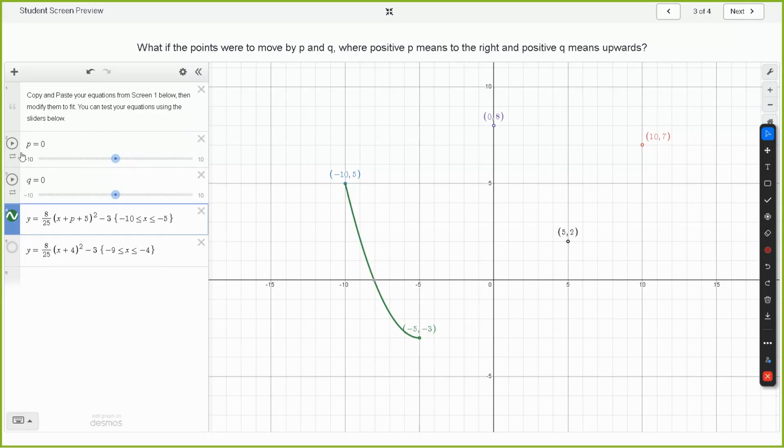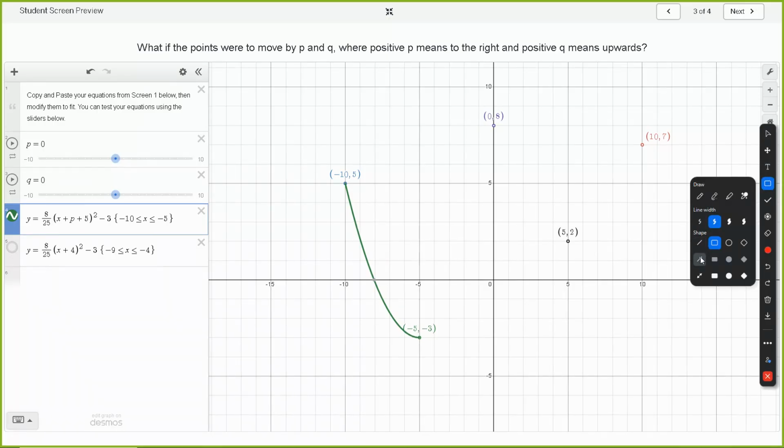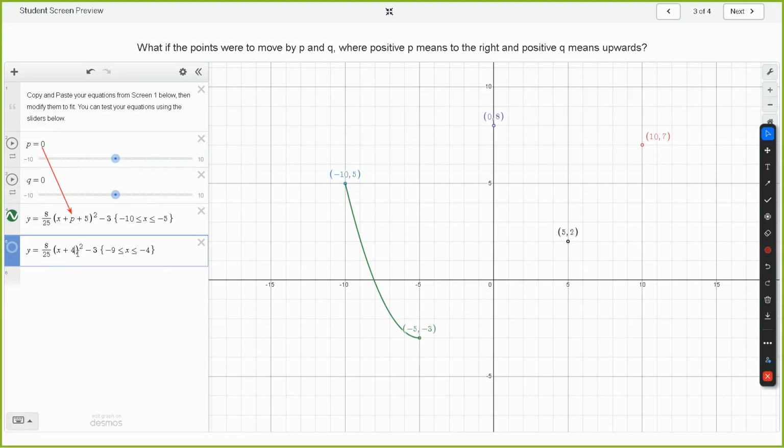Because P is 0, if I put the value 0 for P into my equation, it will go back to the original value, which is 5. So let me keep the original values for this as well. I'm going to put this back to normal, 5, -10, and -5. So you can see I want to keep the values the same.